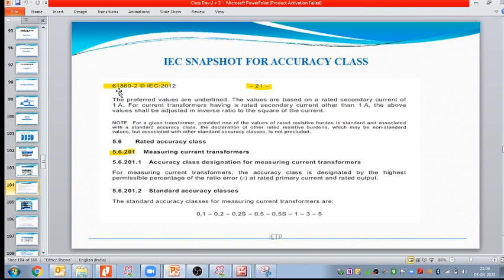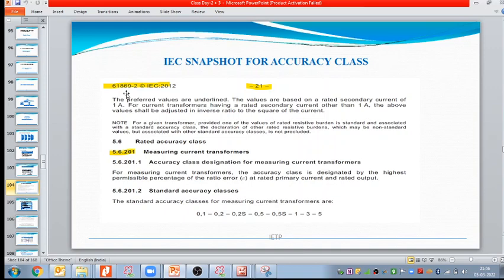As per IEC 61869 part number 2, page number 21, clause number 5.6, the standard accuracy classes for measuring current transformers are 0.1, 0.2, 0.2S, 0.5, 0.5S, 1, 3 and 5. This is my available accuracy class as per the IEC standard.